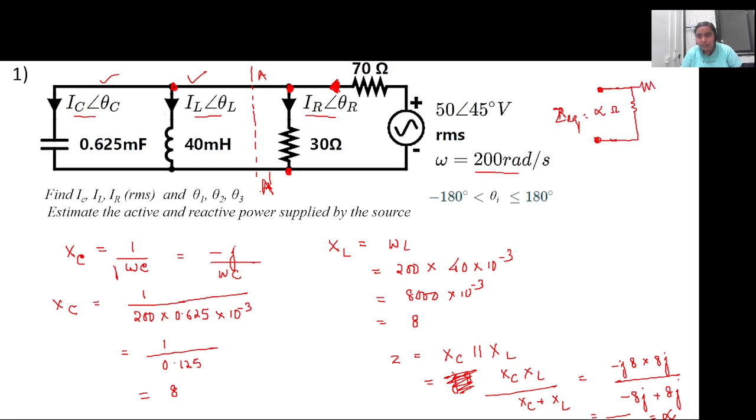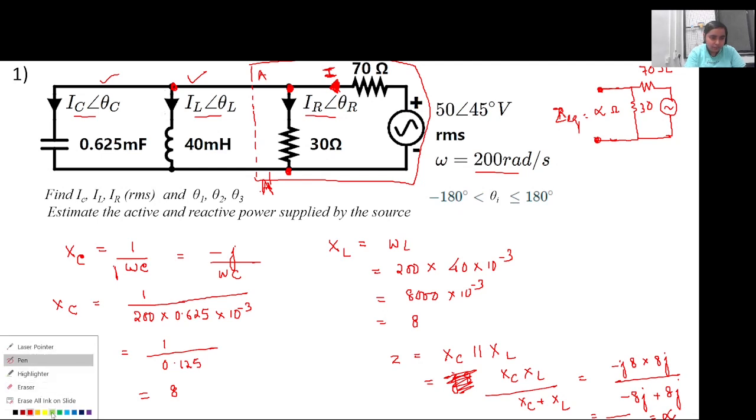Are you getting it? Yes, fine. This is the rest of the circuit. So this is 30 ohm and this is 70 ohm. So now we can just solve only this part of the circuit and calculate the total current. Let's say this is I, that is flowing in the circuit, right? So what is this current I?